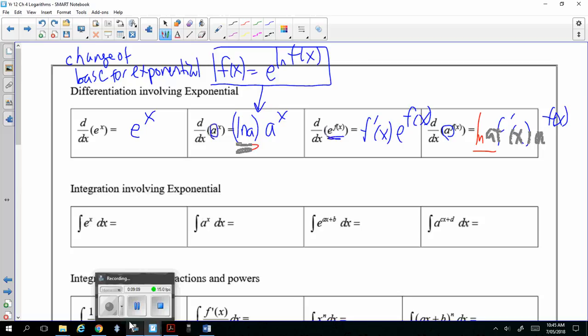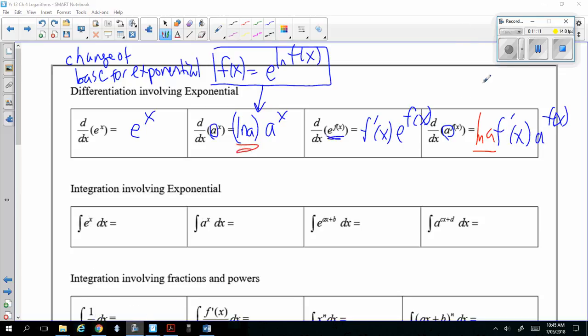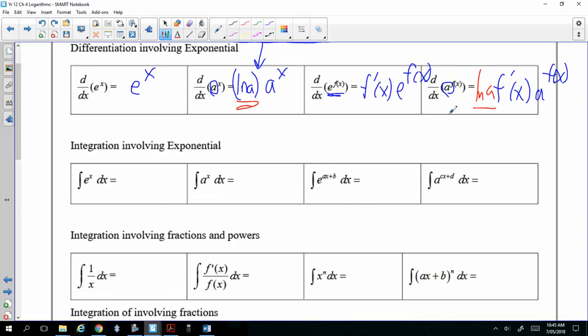All right, we'll continue. Okay, good. So integrating exponential e to the power x gives e to the power x plus c, and this one is a to the power x, but you just divide by ln a, an extra ln a there. So differentiation, you times by the ln a; integration, you just do the reverse, you divide.